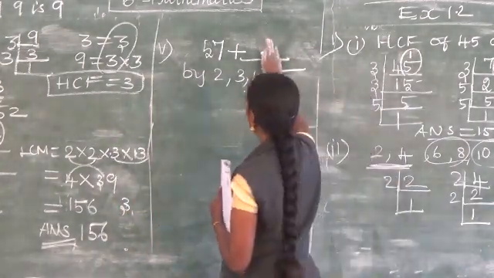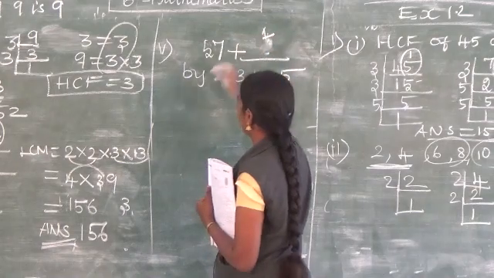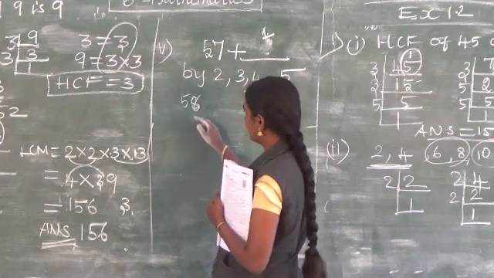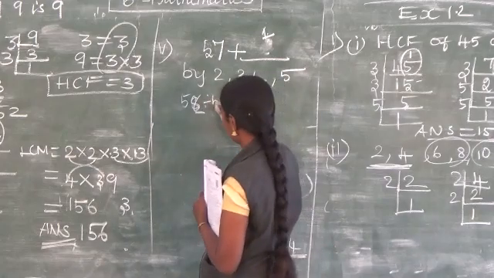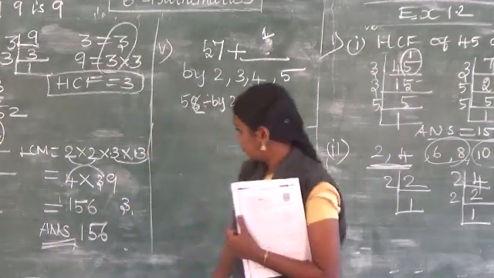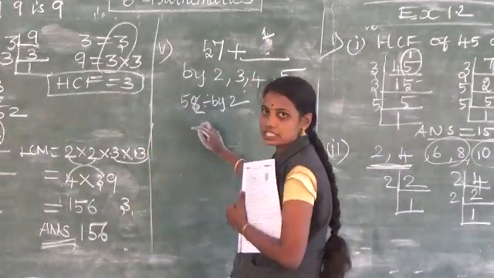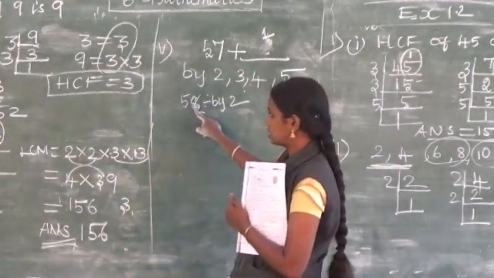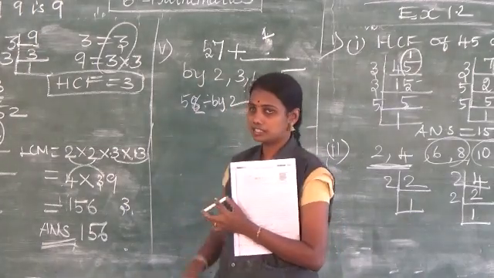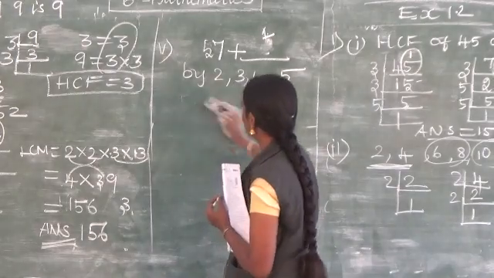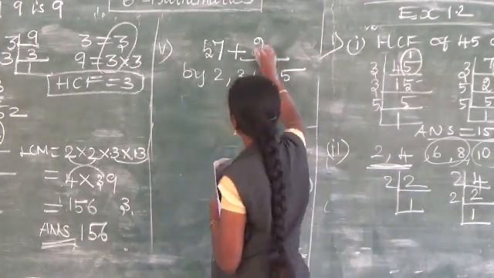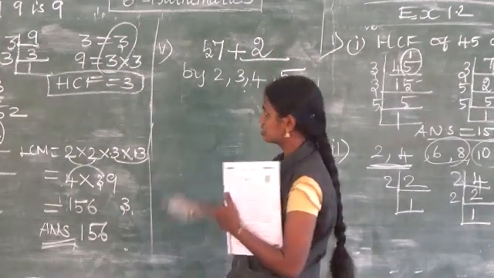I am going for 1 first. 57 plus 1 is 58. It's divisible by 2. We check for 3: 3 means add the digits, 5 plus 8 is 13. 13 is not divisible by 3, so you should not add 1. Add 2 with this.